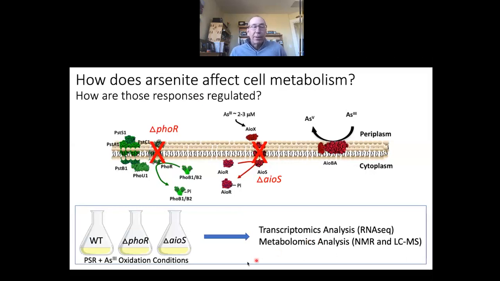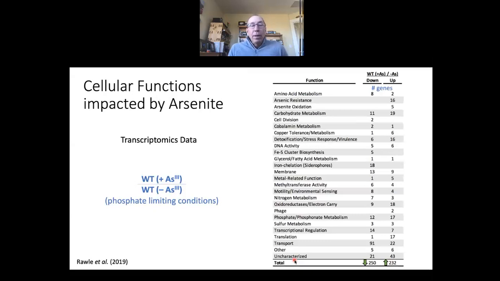And so we did these experiments where we grew wild-type Agrobacterium tumefaciens in the presence and absence of arsenite under phosphate stress conditions, and we also looked at the delta PhoR and delta AioS mutants. And we did transcriptome analysis and metabolomics analysis. And so we could track a number of cellular functions that were impacted by the presence of arsenite.